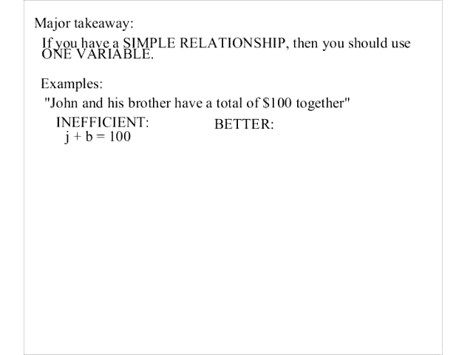A couple of you are typing it. So John is X, and a couple of you are getting it. John is X, and his brother is 100 minus X. This is something you should be able to produce pretty much automatically.